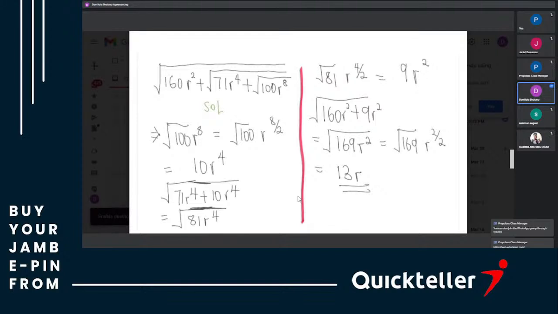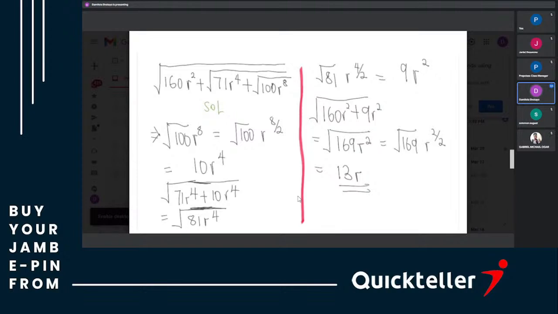So for this, I did root 100 r raised to power 8. Root 100 remains 100. But for the root on the r raised to power 8, it will become r raised to 8 over 2. Where did this 2 come from? It is root, over 2.